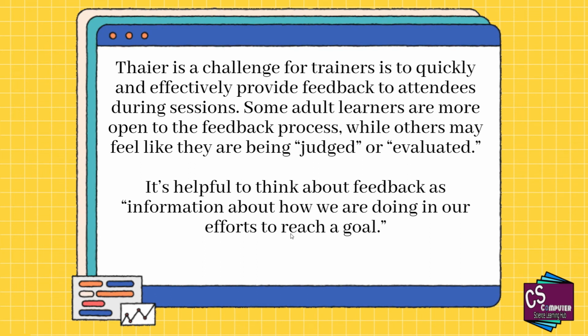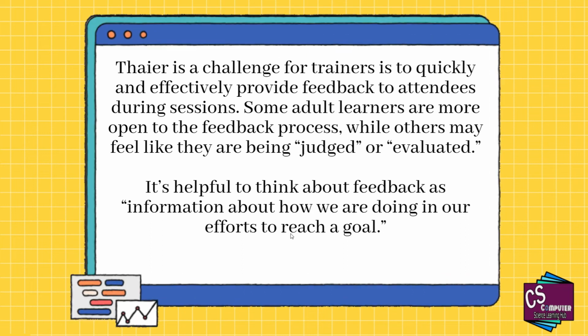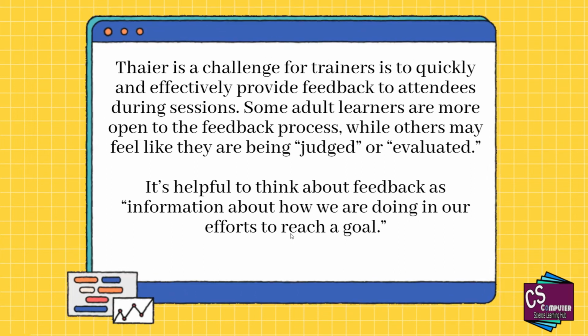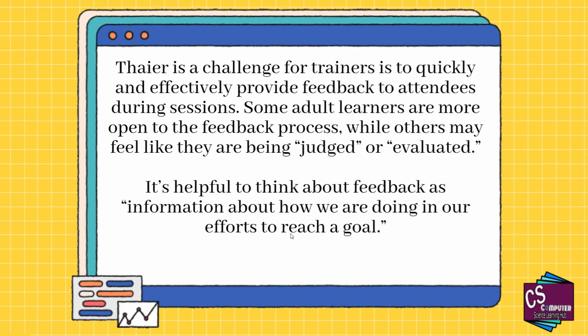Some adult learners are more open to the feedback process, while others may feel like they are being judged or evaluated. It is helpful to think about feedback as information about how we are doing in our efforts to reach a goal.